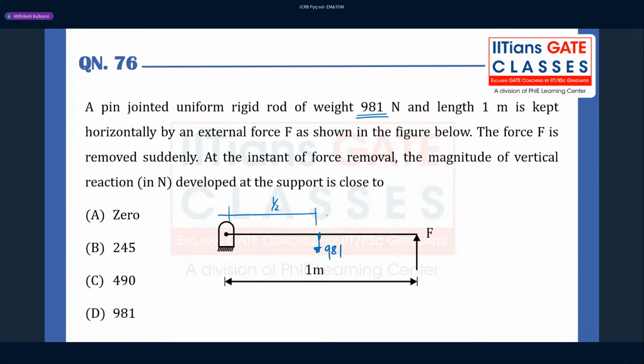In order to balance that, we cannot apply the equation of equilibrium here. However, by using D'Alembert's principle, if I assume a counterclockwise inertial moment, that is I alpha, we can say that now the body is in dynamic equilibrium, and we can use the equations of equilibrium. I alpha has to be equal to 981 multiplied by 1/2.